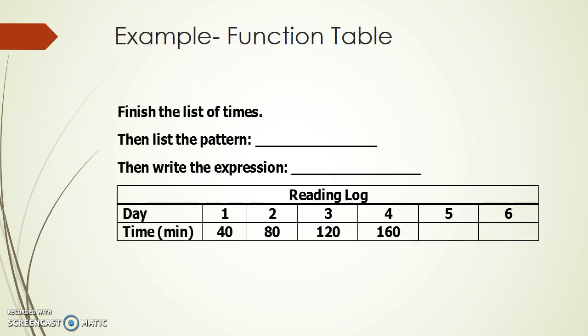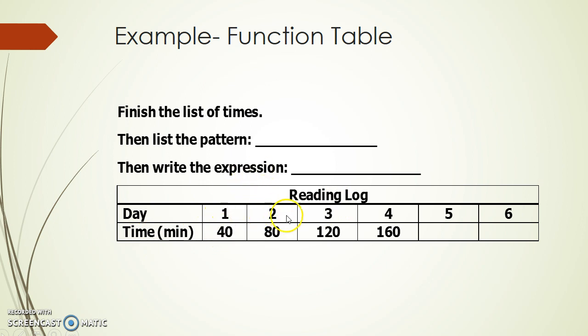Now, sometimes you will be asked to determine a pattern that serves a function table. Here we are looking at a reading log. On top we have our days that we read, and on the bottom is our time in minutes. So on day 1, we read for 40 minutes.